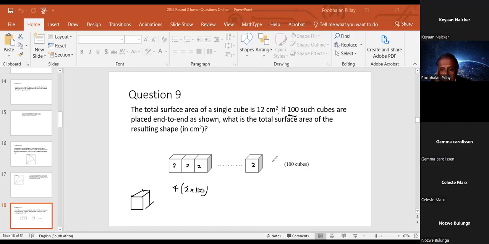And then you still need to add these 2 guys on the side here, which we haven't added. The other ones, they're all sealed because they're all sealed together. They're placed this way. They don't form part of the surface, but the ends form the surface. And so there's another 2 here, and there's a 2 on that side. So that gives you plus 2 plus 2. That gives you 804. So that's the total surface area of this shape.